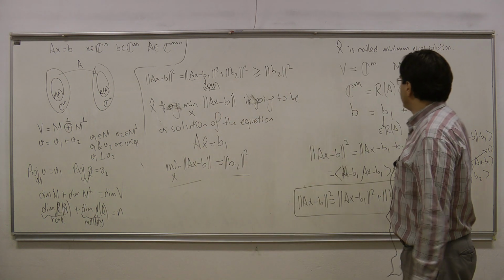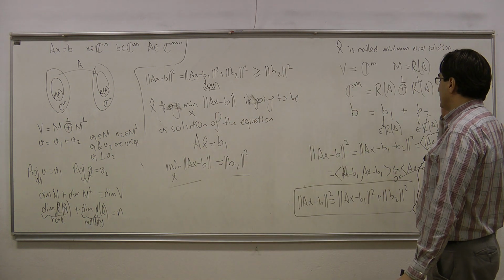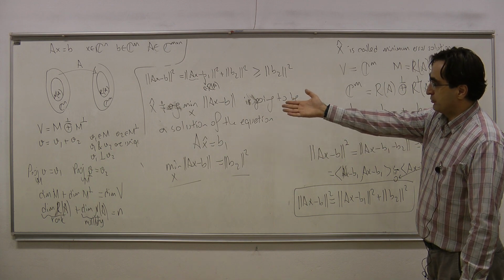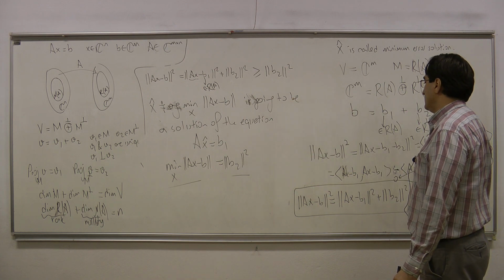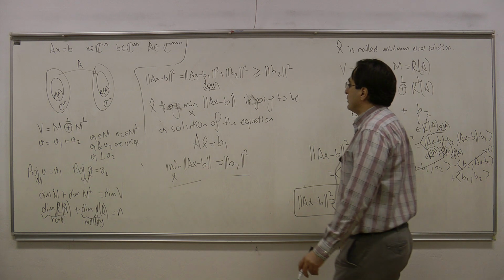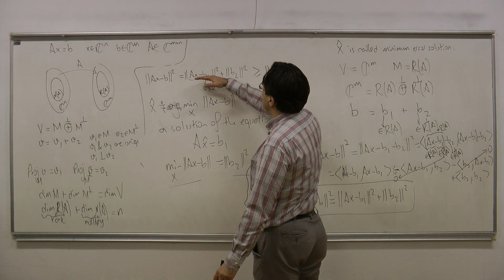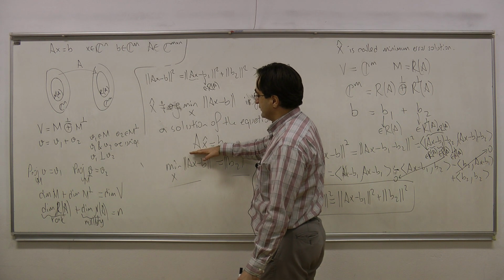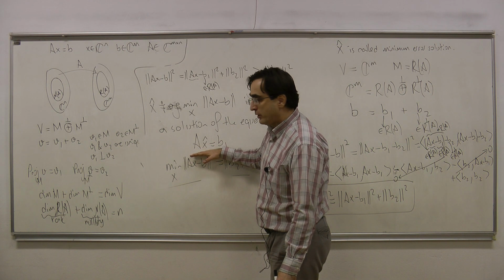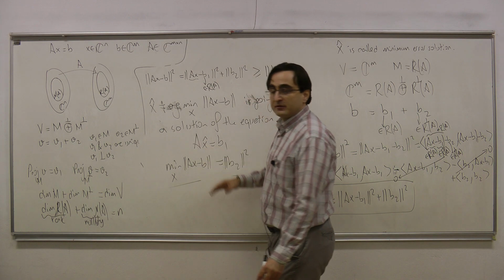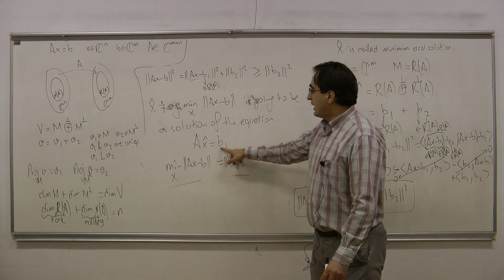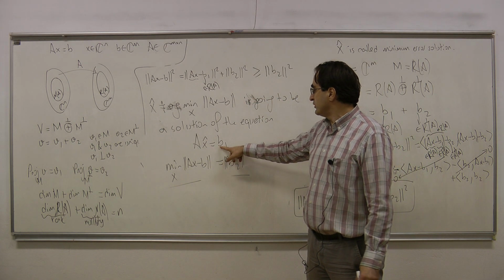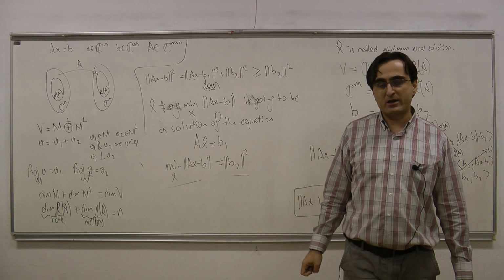So you see that by using the arguments from the projection theorem, we are able to find the minimum error solution as the solution of another ax equals b equation, which always has a solution. Okay? Why does it always have an exact solution? Because b1 is in the range space of A now.